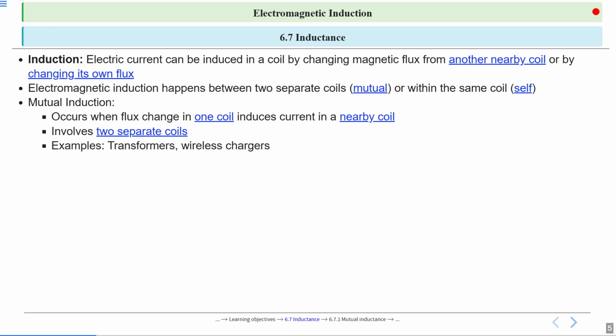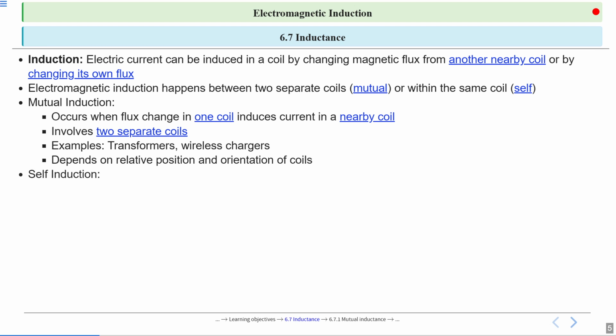Another example is wireless chargers; nowadays wireless charging is done by mutual induction. It depends on the relative position and orientation of the coils: the amount of EMF induced in the nearby coil depends on how the two coils are placed with respect to each other.